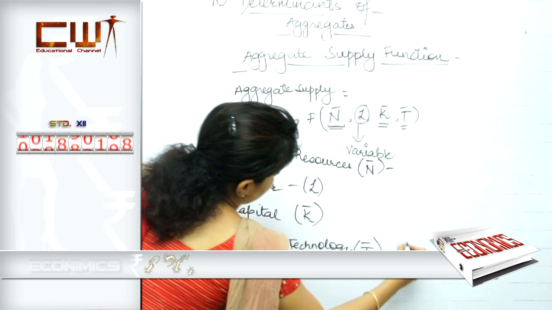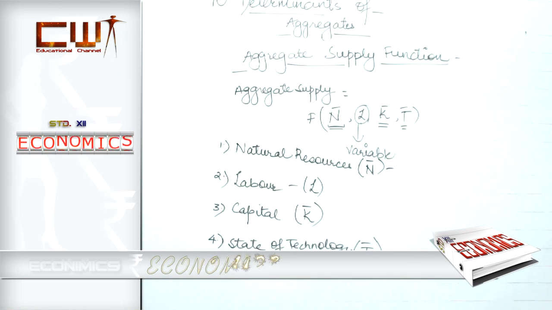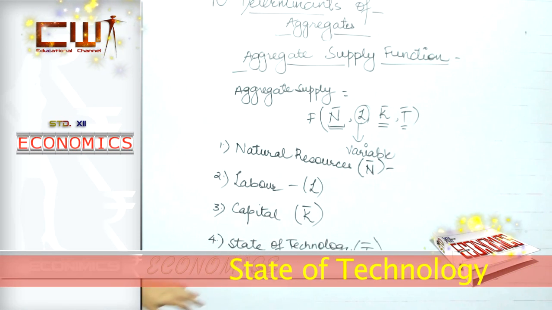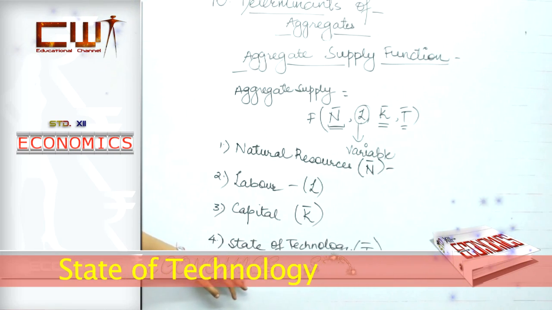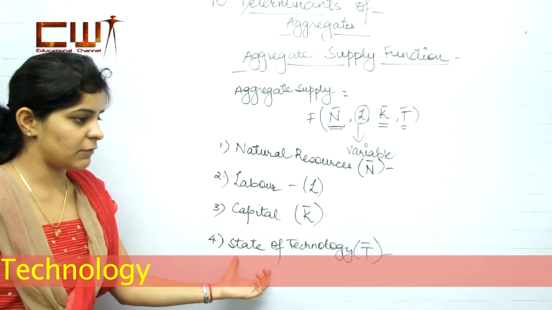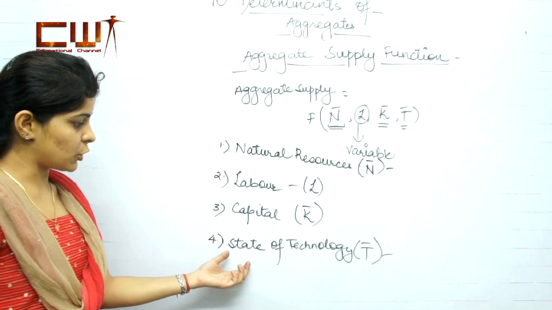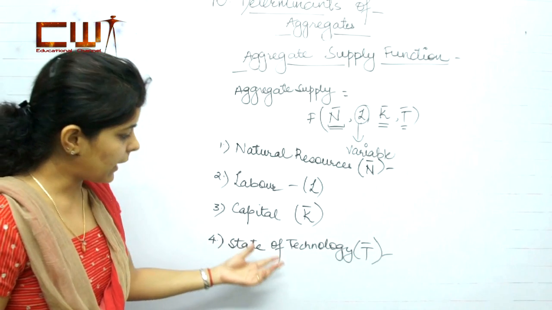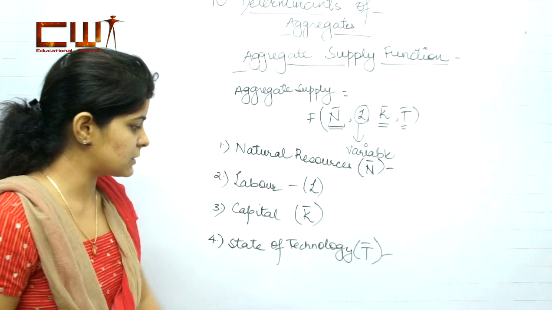That is T bar. In the short run, the state of technology is modern techniques and methods used in the production process. Your state of technology is getting better day by day, but day by day doesn't mean in a very short period. In a short period you cannot upgrade or bring any changes in the state of technology.